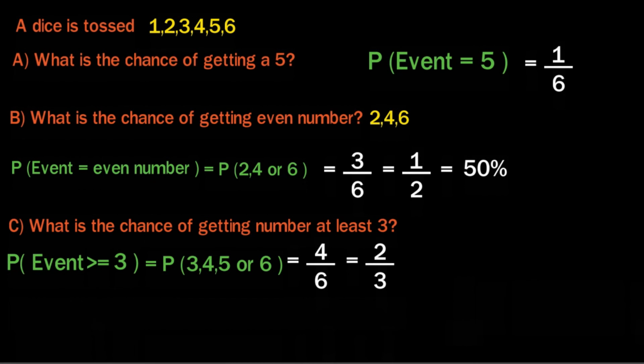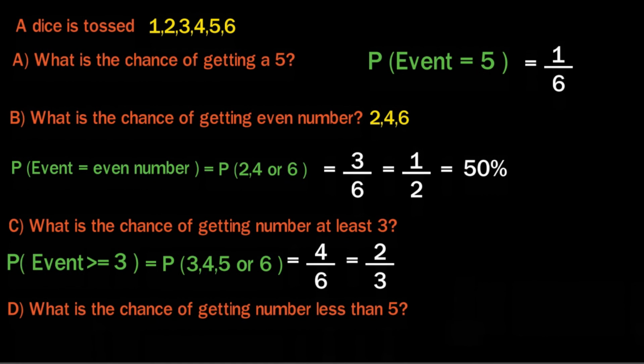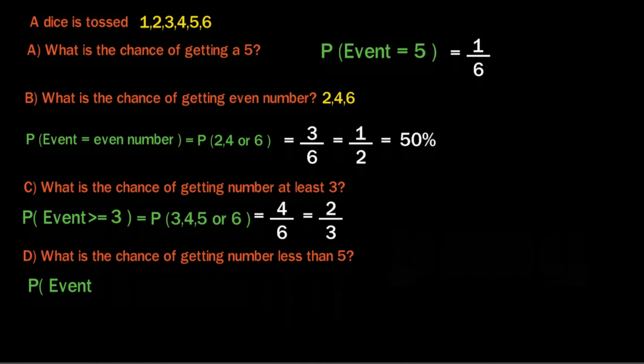Finally, what is the probability of getting numbers less than 5? What are the numbers that are less than 5 on a dice? You can have some thinking time. 1, 2, 3 or 4. So there are 4 numbers that are less than 5. So 4 over 6 is 2 over 3.